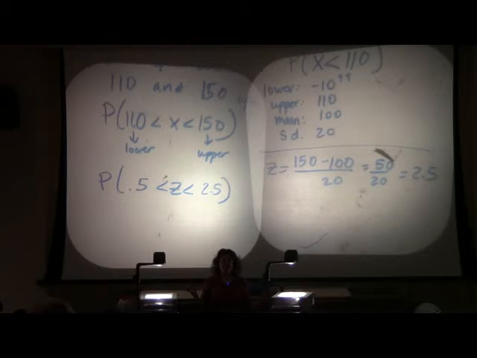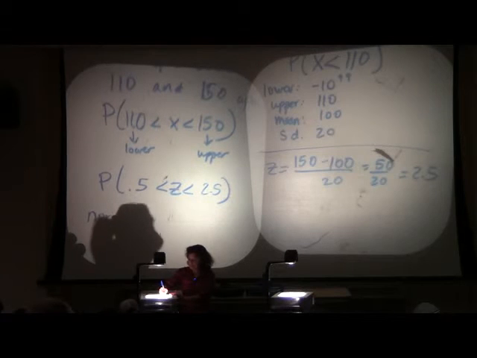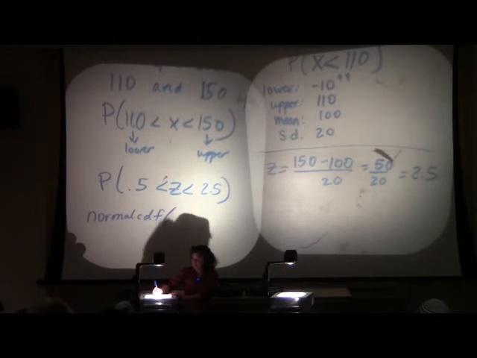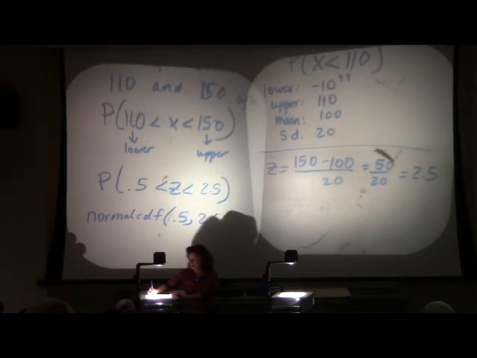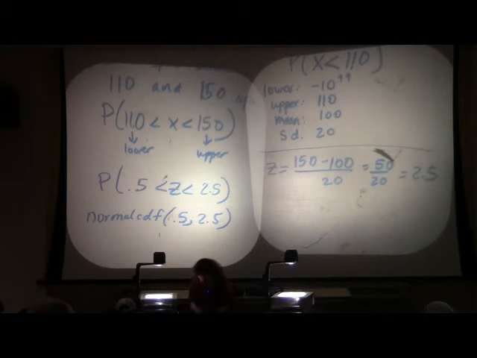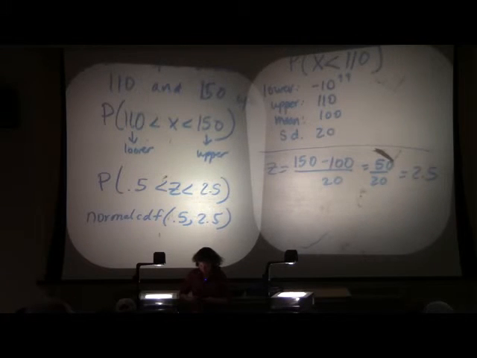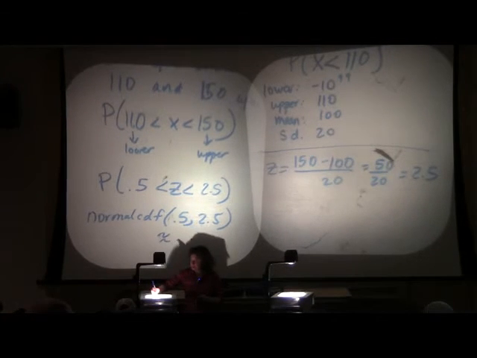Everyone okay? All right. So what we will put in then is normal CDF, and I have both my endpoints, 0.5 comma 2.5. So let's see what we get. 0.5 comma 2.5, and we get about 30%.